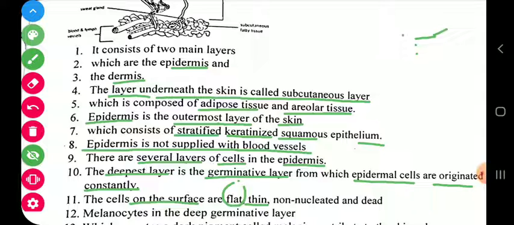They're non-nucleated, they don't have a nucleus, and they are dead too. So there are 4 features that you remember when you're considering the cells on the surface: they are flat, thin, non-nucleated, and dead.